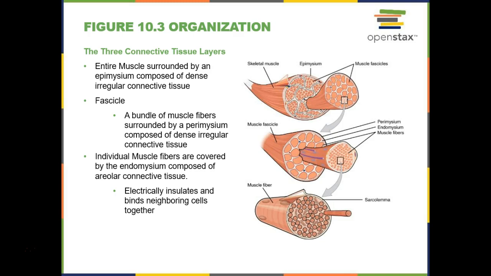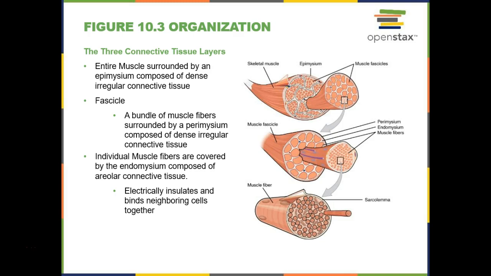The entire muscle is going to have a special wrapping around it called the epimysium. The wrapping that separates each fascicle of muscle fibers from each other is the perimysium. And then surrounding each individual muscle fiber is an endomysium.